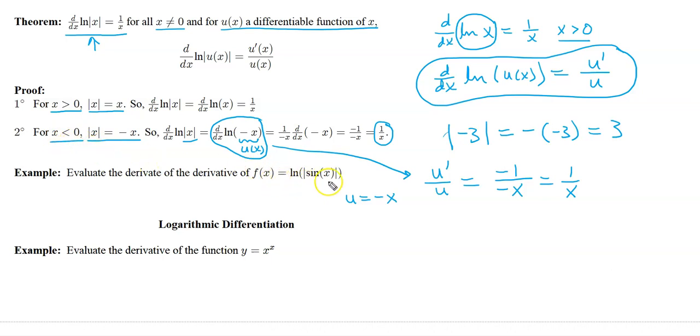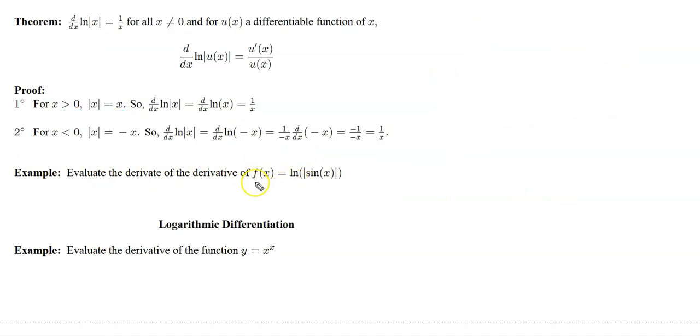So let's take a look at an example here. For example, let's evaluate the derivative of the natural log of the absolute value of sine x. Well, all we have to do is follow this rule right here. So let's identify what the u is. Well, in this case here, the u is just our sine x function.